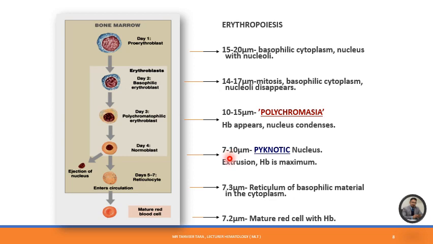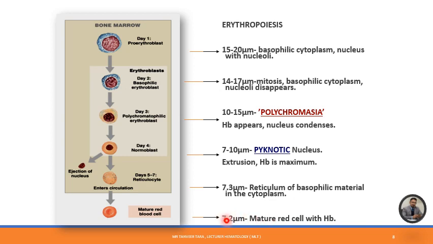Its size is reduced, 7 to 10 micron, and extrusion of the nucleus occurs here, and at this stage hemoglobin is at its maximum. Then the reticulocyte, which is a little bit larger than the mature erythrocyte. We have some reticulum of basophilic material in the cytoplasm. In the end we will discuss it in more detail.